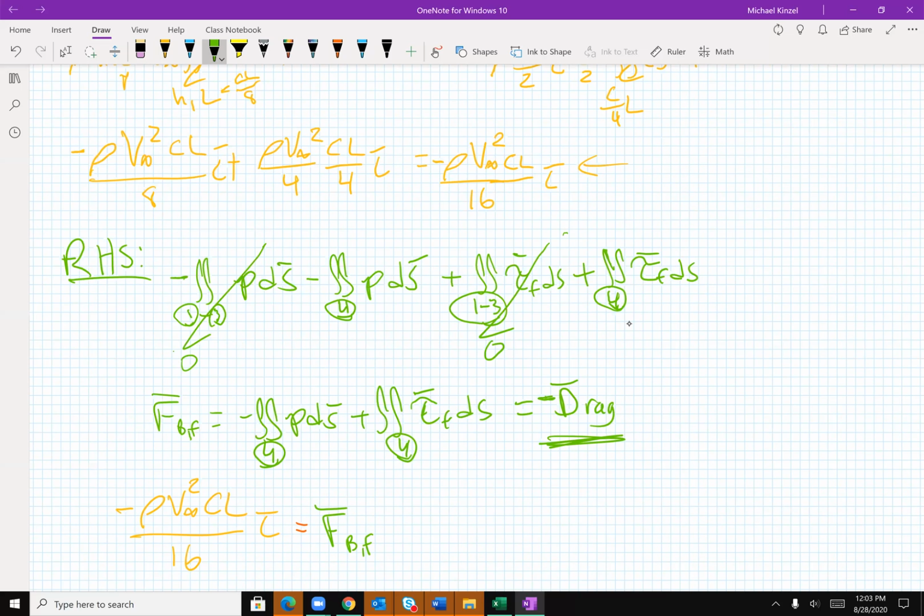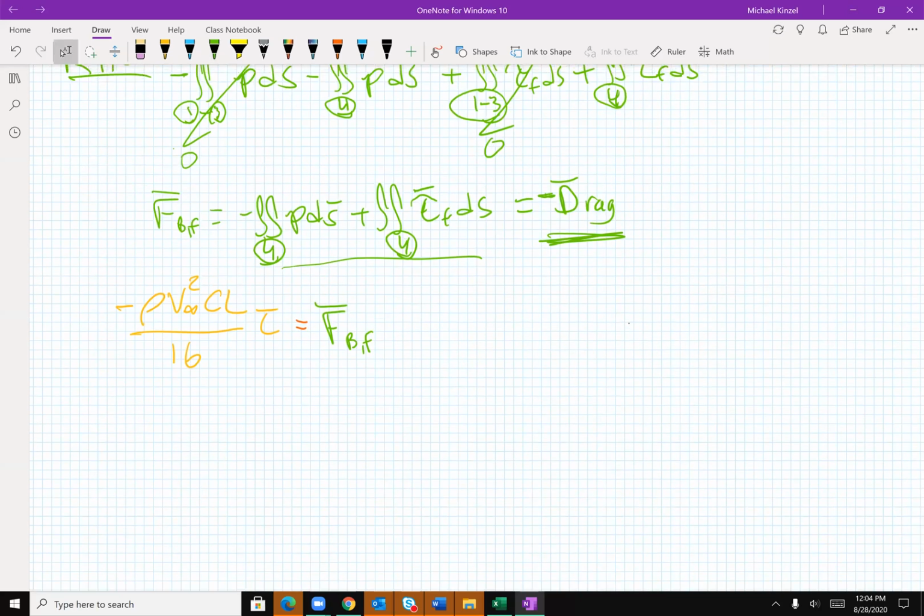We don't even have to compute these. We already know that they're the force on the body. Why? Because the forces that the body is exposed to are the integrals of pressure and wall shear.